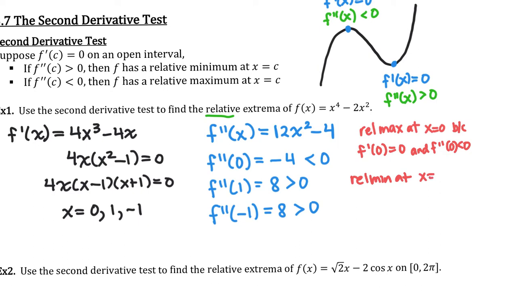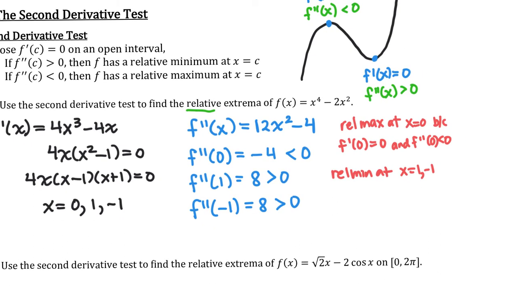Okay, so the other points are relative minimums at x equals 1 and -1. The reason is, I need to give both reasons. The first one is because f prime of 1 equaled 0, which was the same as f prime of -1. The other reason is because the second derivatives of both of them were positive, meaning it was concave up, meaning that must have been a minimum.